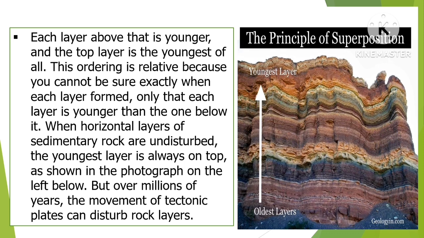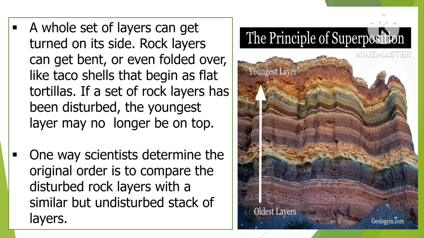Horizontal layers of sedimentary rock are undisturbed when the youngest layer is always on top, as shown in the photograph on the left below. But over millions of years, the movement of tectonic plates can disturb rock layers. A whole set of layers can get turned on its side. Rock layers can get bent or even folded over like taco shells that began as flat tortillas.